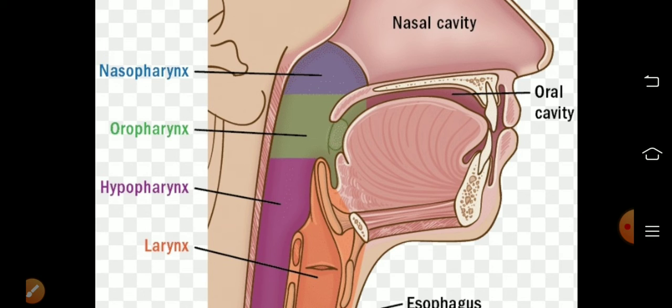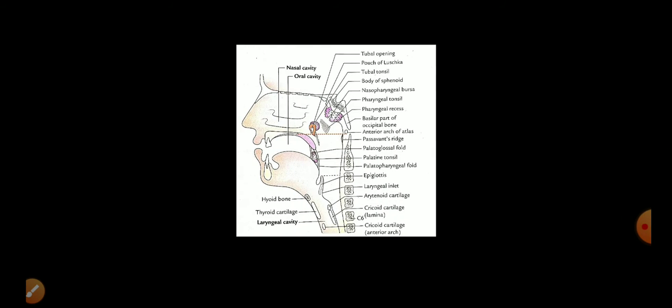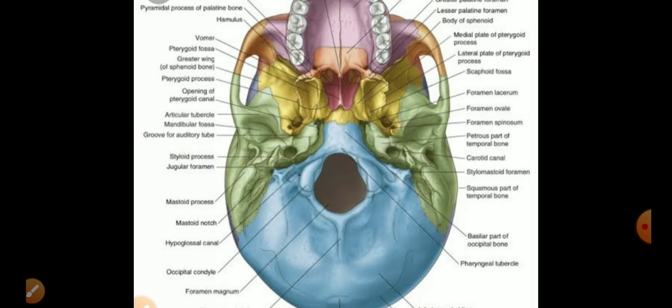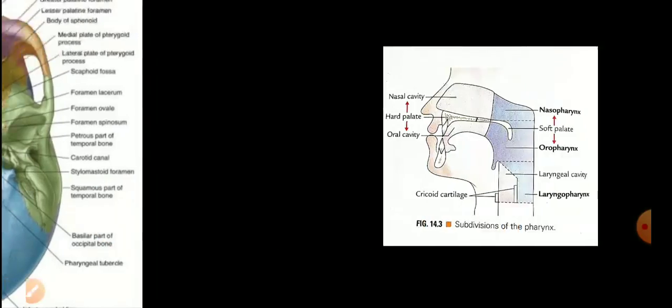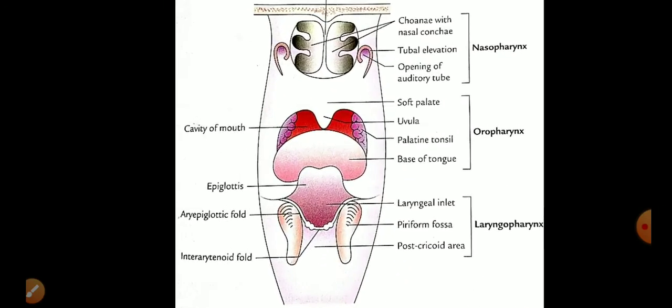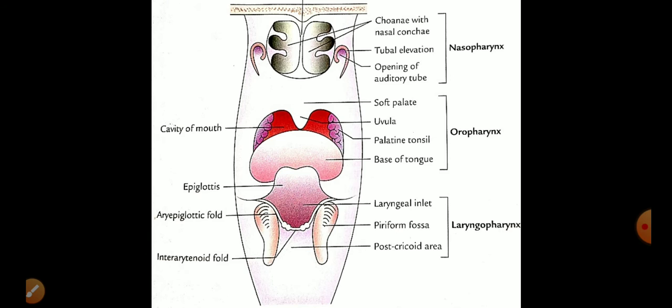Now about the walls: the anterior wall, posterior wall, and two lateral walls. The anterior wall is formed by the oropharyngeal isthmus, which is actually a space. This part you can see is the oropharyngeal isthmus.